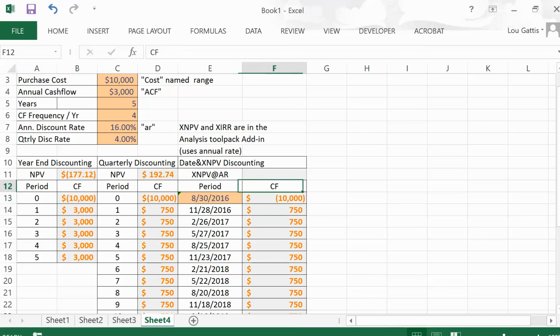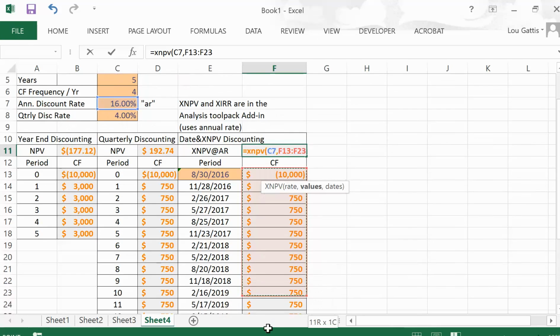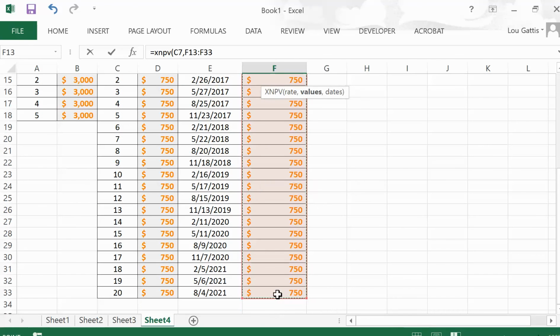All right, now what we do is Excel has a function called XNPV. In XNPV, you just put the annual discount rate. Doesn't matter if it's quarterly, because it doesn't know what you're going to do there, because you can put any kind of dates in there. That's my annual discount rate, comma, the values. Now the values, you can put in an initial cash flow. You don't have to skip the first one, the period 0 cash flow, comma, the dates.